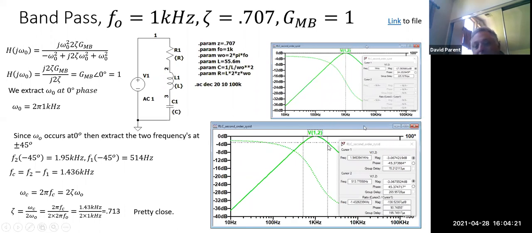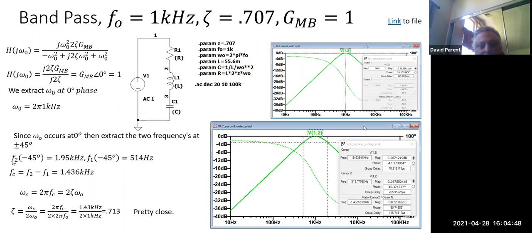In order to find minus 45, it's a little trickier, but with the cursors it's not a problem. I have one frequency at 1.9 kilohertz and this other frequency at 513, wherever it's plus 45 here and minus 45 here.